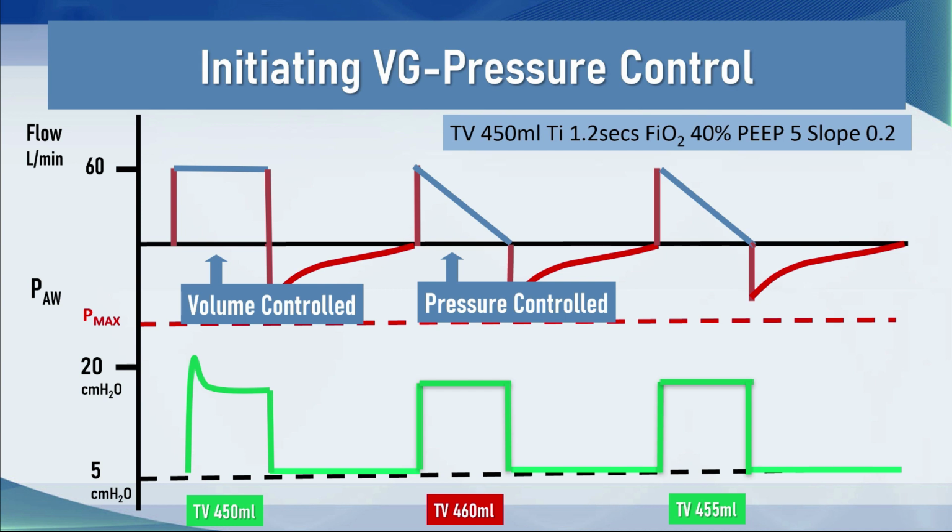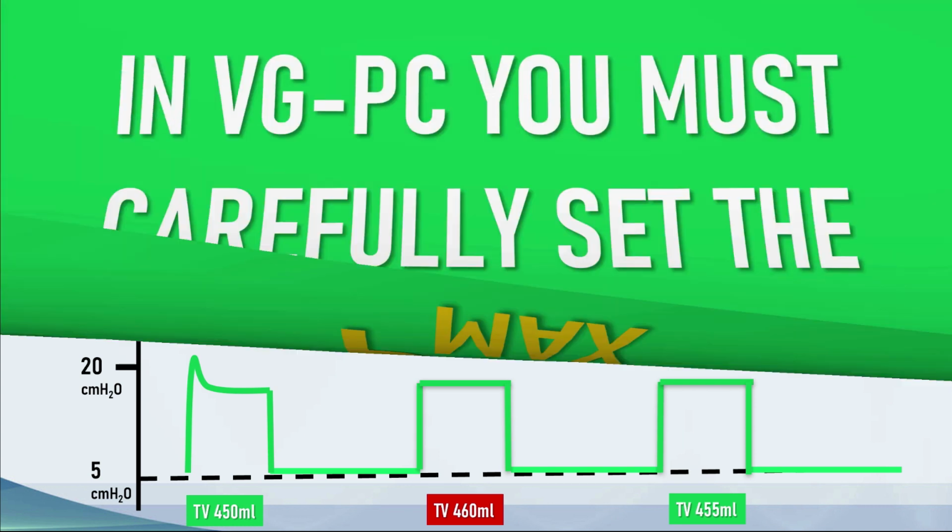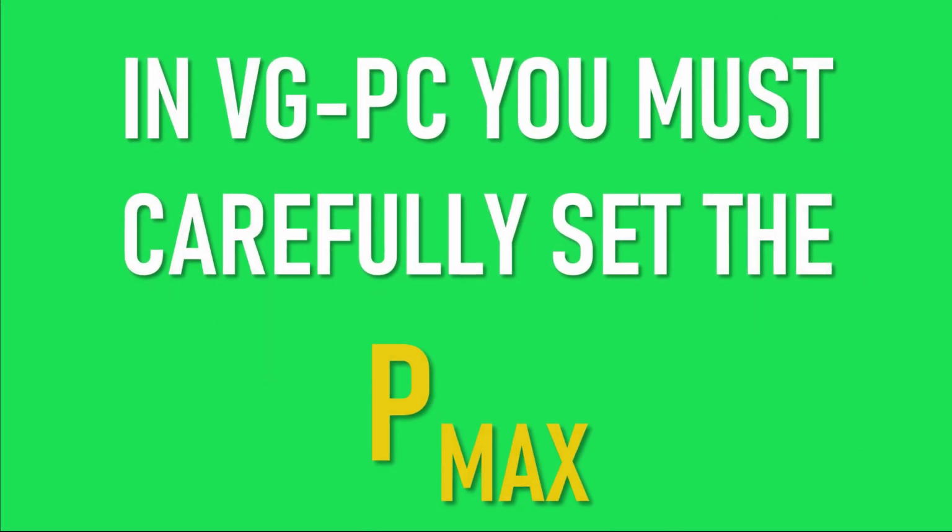Before proceeding, I want to point out one other item on this screen, and that is on the pressure waveform, and that is the Pmax. That's that red line. In volume guaranteed pressure control, you must carefully set the maximum airway pressure. And as I've mentioned, this is the pressure where the ventilator cycles to exhalation if it becomes overpressurized, the patient double breathes or they cough.